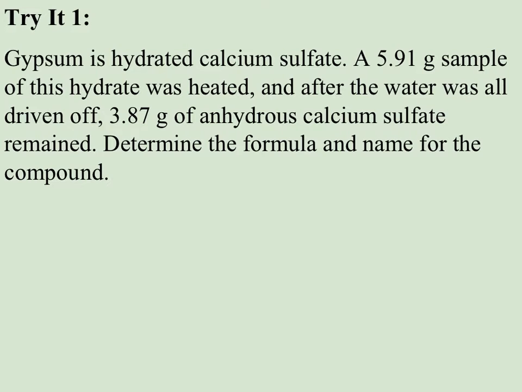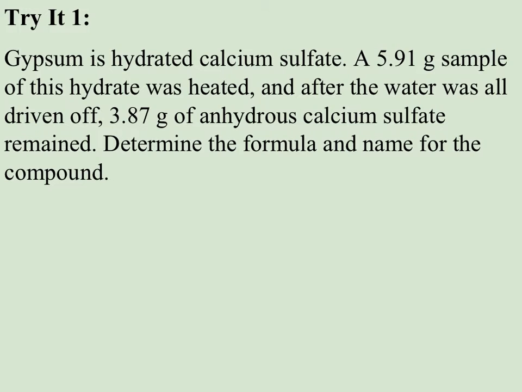So the 3.87 grams of calcium sulfate can be changed to moles by 1 mole with a mass of 136.15 grams. So 3.87 divided by 136.15 is 0.0284 moles of calcium sulfate.